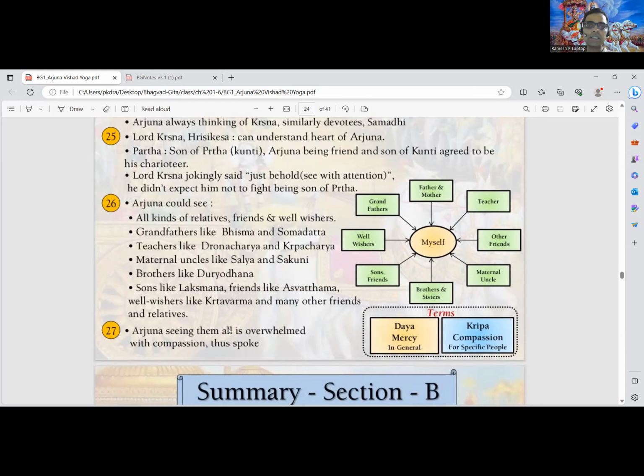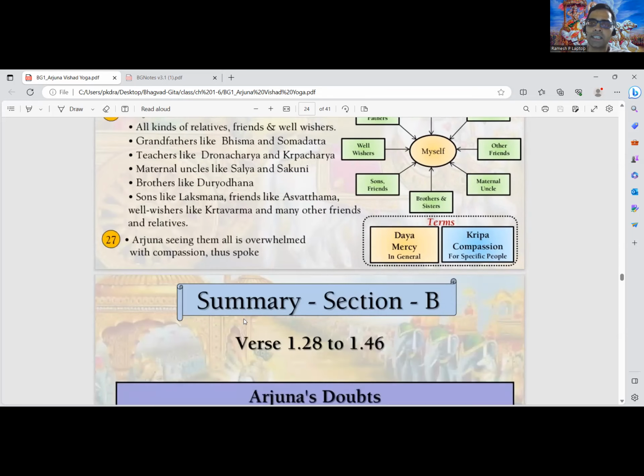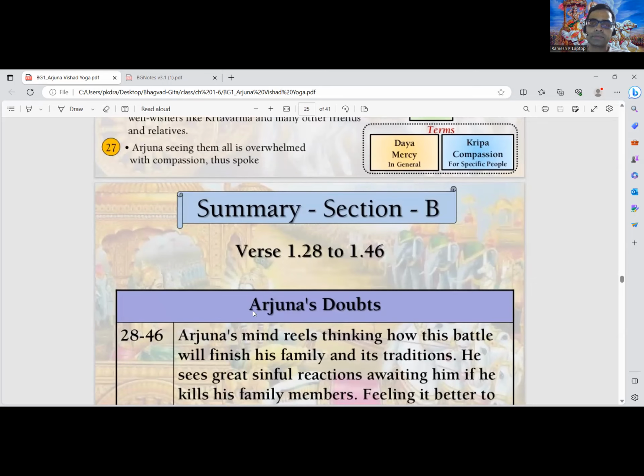Arjuna, after seeing them, becomes compassionate. Seeing the opponents, he sees that he has to fight with his own relatives and kinsmen, and by looking at them, he gets totally shattered.